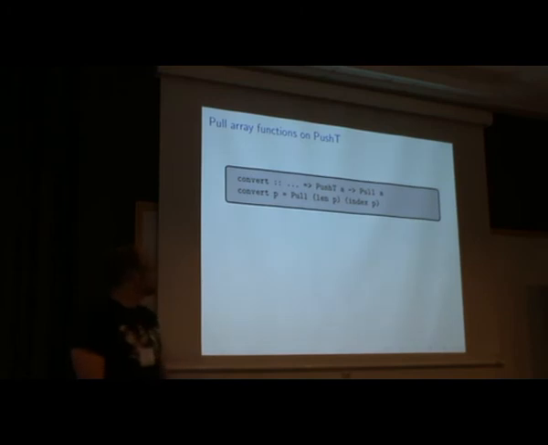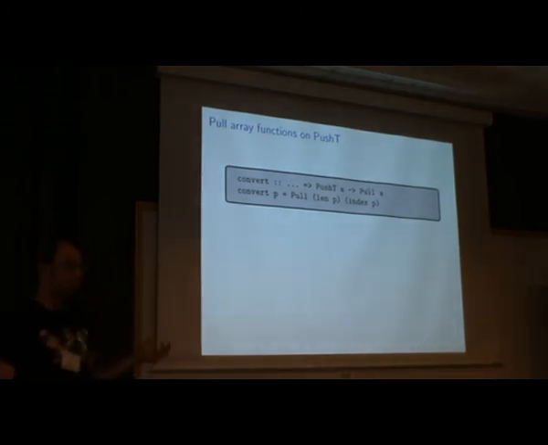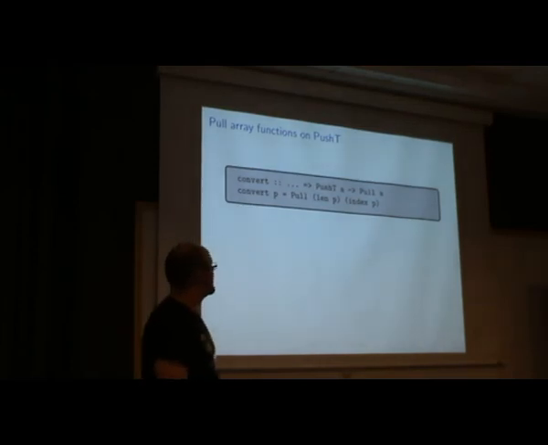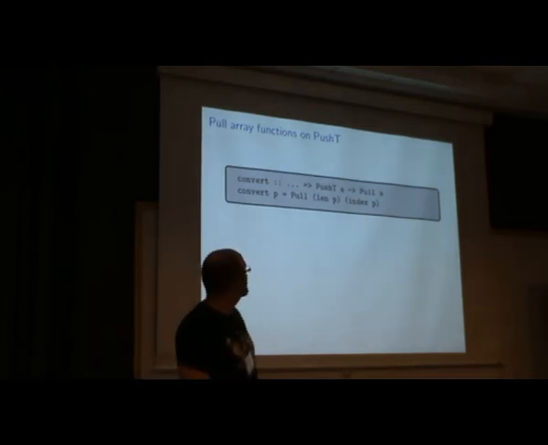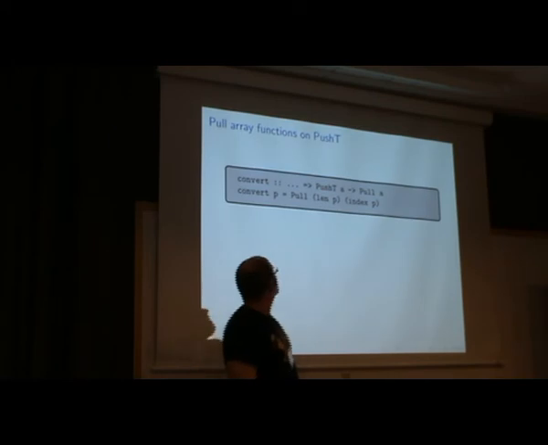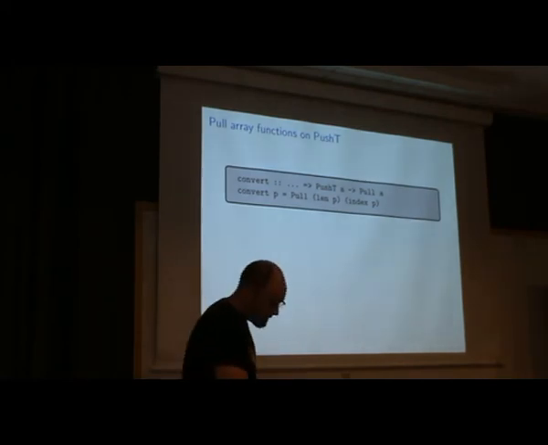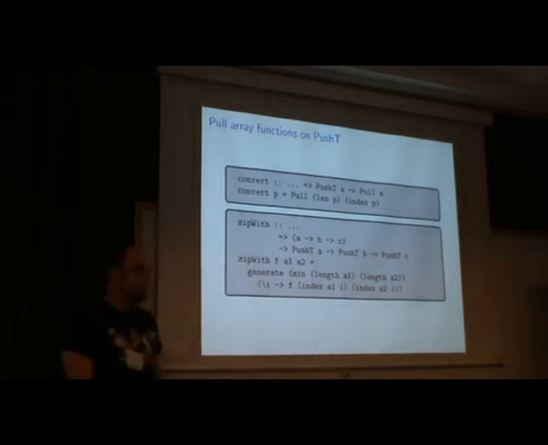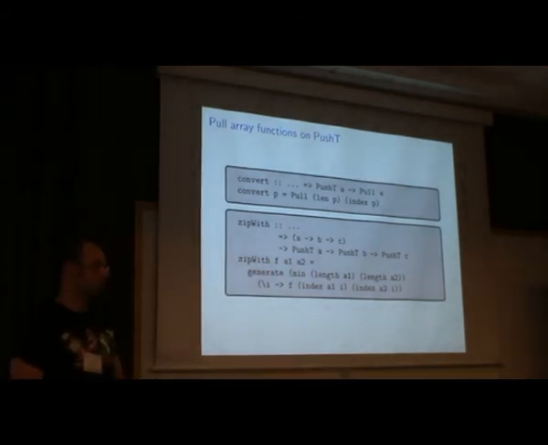Right. So given that we can implement convert from push T to pull, which is very simple, we just use index. And with that, we can implement things that we really could not implement on push arrays, like zip width.